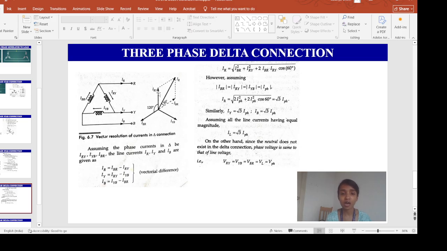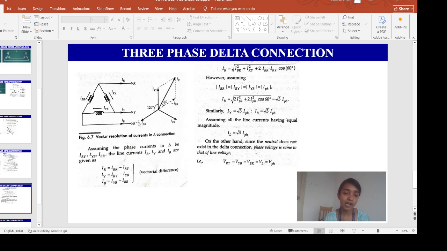So this is my IRY, this is my IYB and this is my IBR. The phase difference between IRY and IYB is 120, IRY and IBR is 120, and again IBR and IYB is 120.